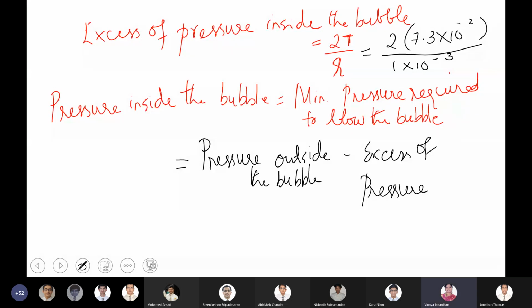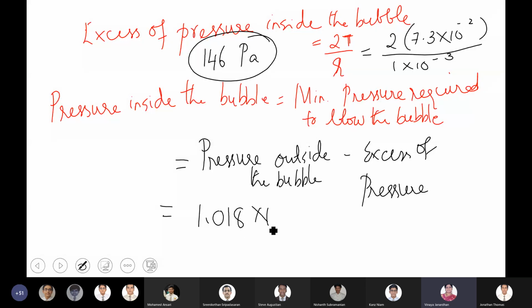What will you be getting, boys? I'm getting 146. Okay, 146 pascals. So what was your pressure outside? It was 1.18 into 10 to the power of 5 pascals. Excess of pressure is 146.